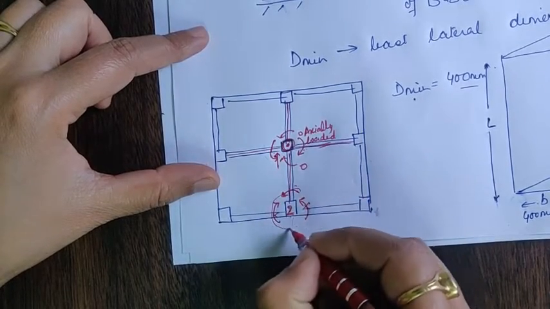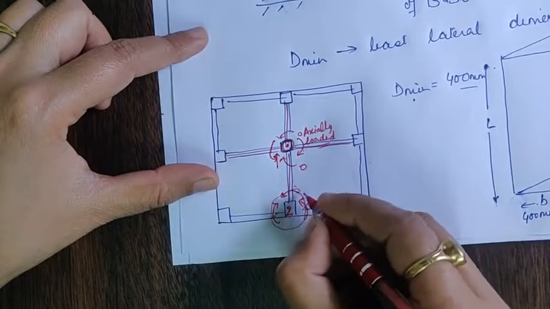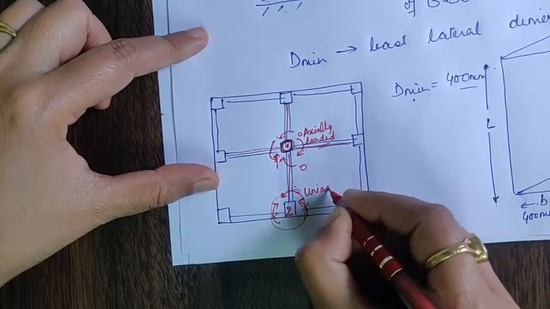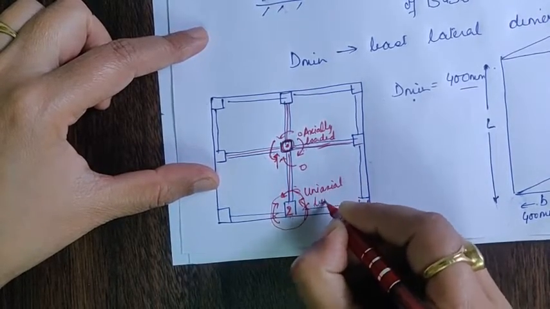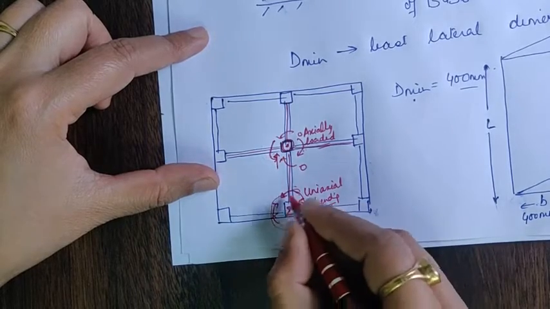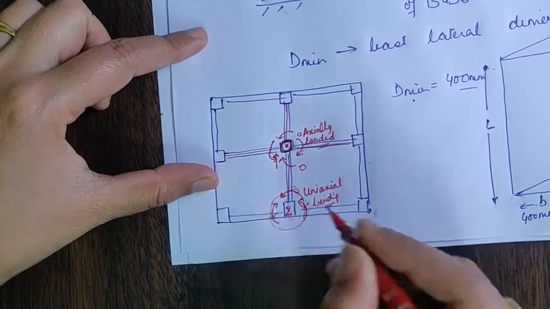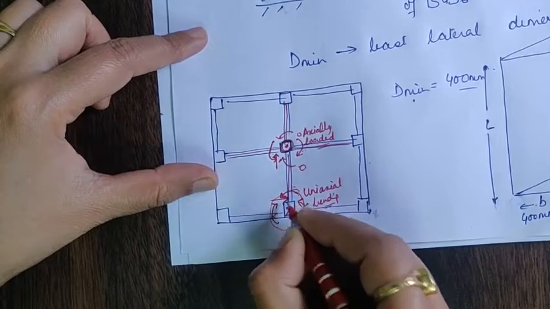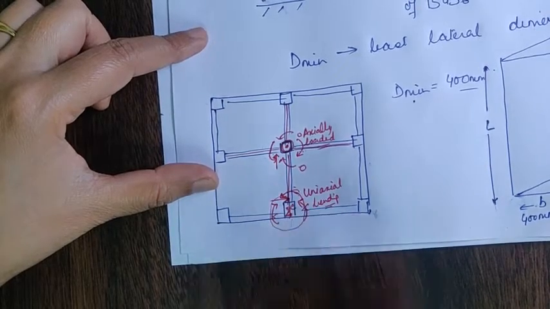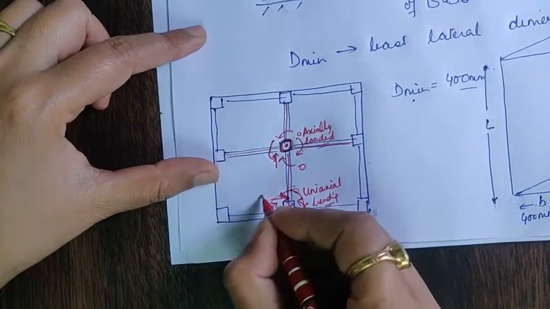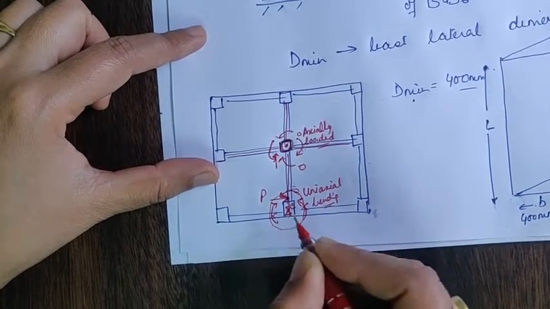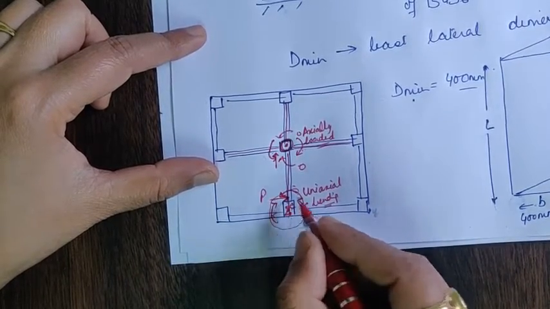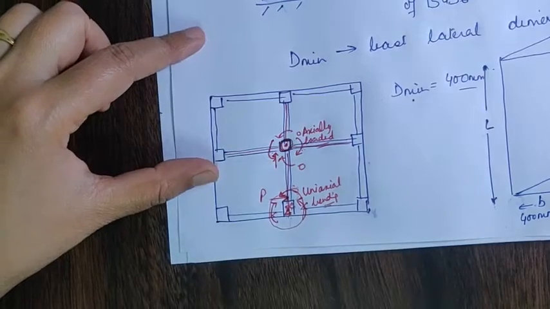So this particular column will be subjected to uniaxial bending, because there is a moment. This moment can be taken as load into eccentricity. So the load is not acting at the CG, the load is considered to be acting at a distance in order to create the moment effect.